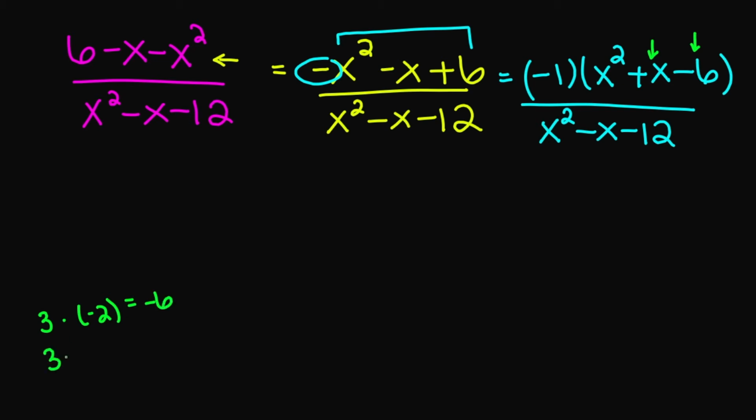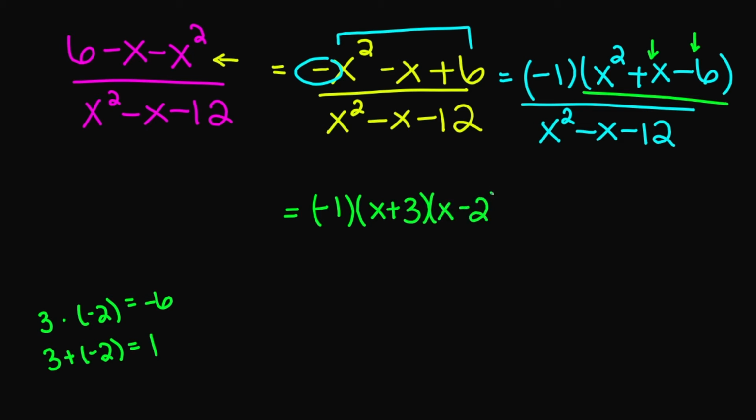If I add 3 plus negative 2, this is going to give me a positive 1. So my numerator, we're going to get my negative 1 here, and then I'm factoring my x squared plus x minus 6. We said that's going to be a 3 and a 2, so I have x plus 3 times x minus 2 in my numerator.